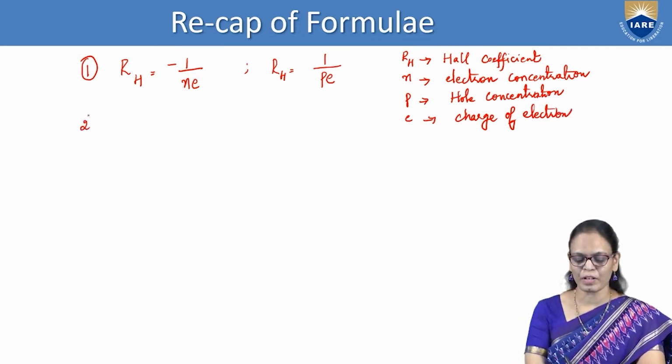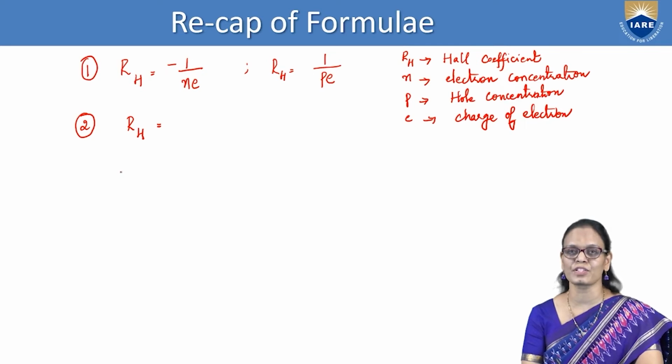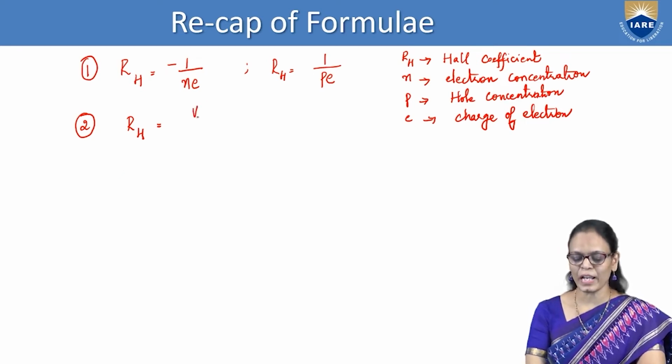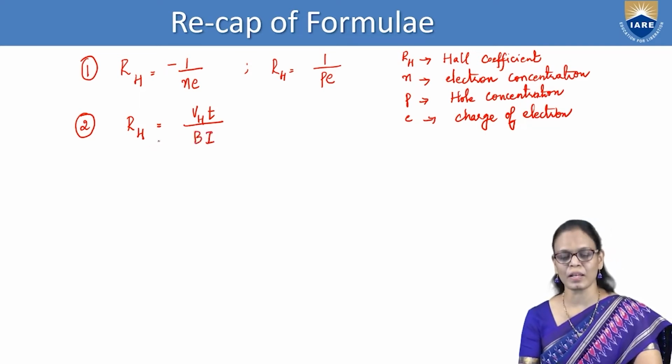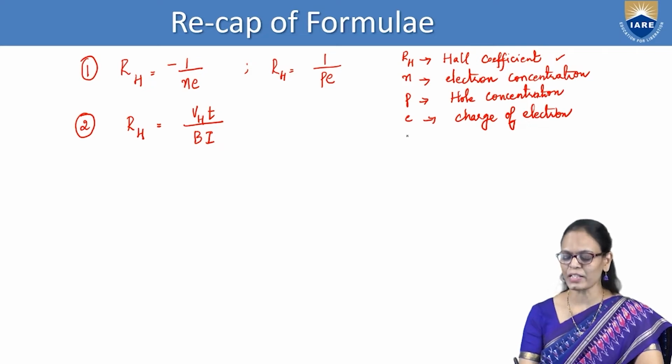Now the second formula we have here is to calculate the value of RH using the Hall voltage. RH is equal to VH into t upon B into I. RH is the Hall coefficient. VH is the Hall voltage.